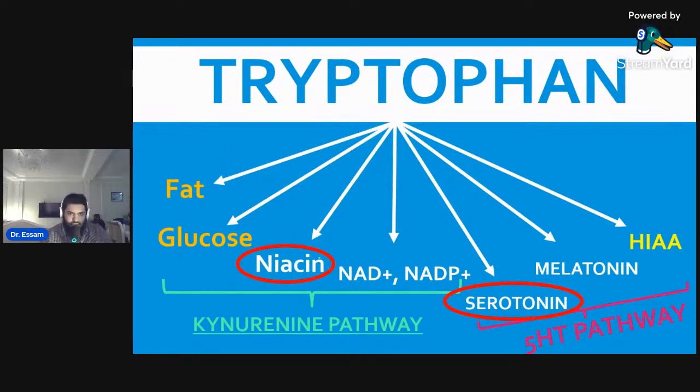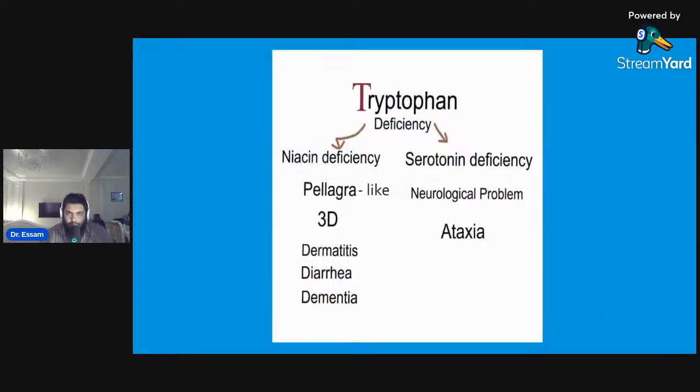Now remember, I just added the slide here. Remember, niacin is a product of the kynurenine pathway and serotonin is a product of the 5-HT pathway. Remember this. Okay. So, tryptophan deficiency will cause what? Niacin deficiency and serotonin deficiency.